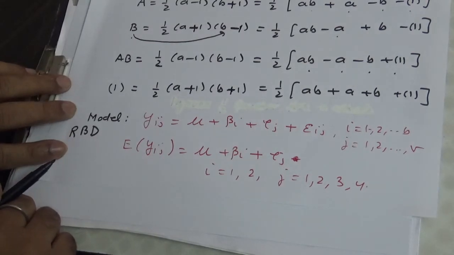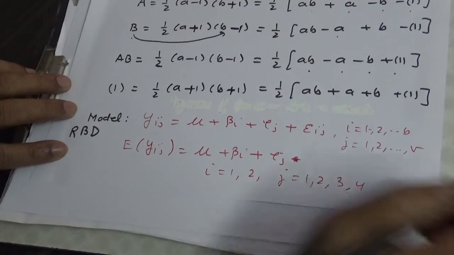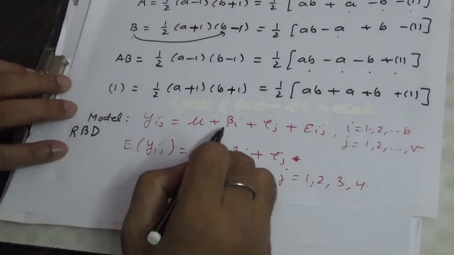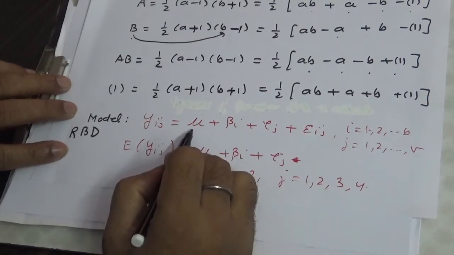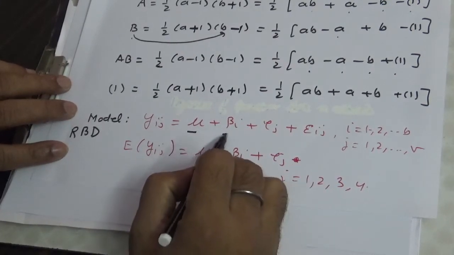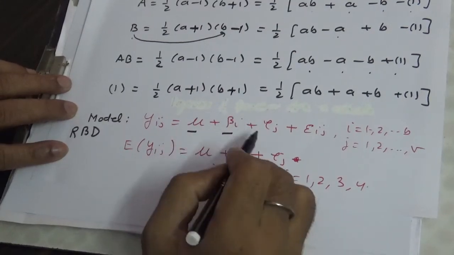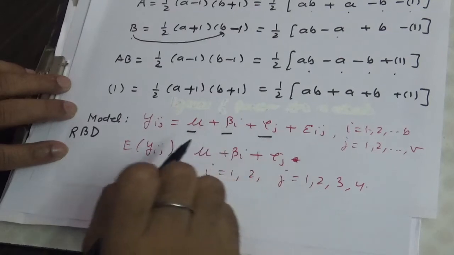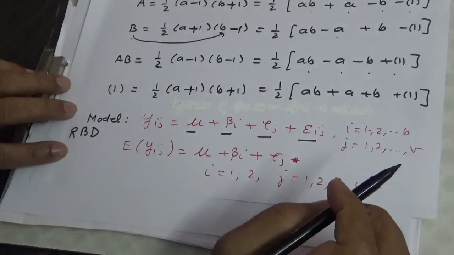So in this case, the model of RBD, which is essentially the two-way analysis of variance model, will become Yij is equal to mu plus beta i plus tau j plus epsilon ij, where mu is the general mean effect, beta i is the effect of the ith block, that is the ith block effect, and tau j is the jth treatment effect, and epsilon ij is as usual the random error component.